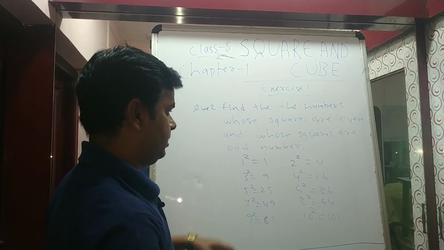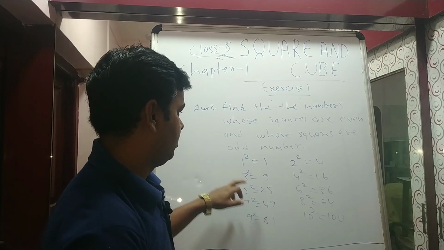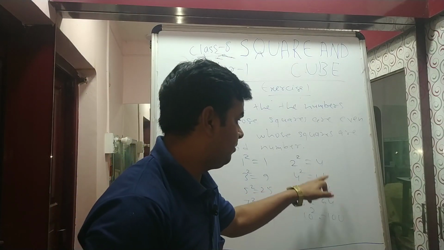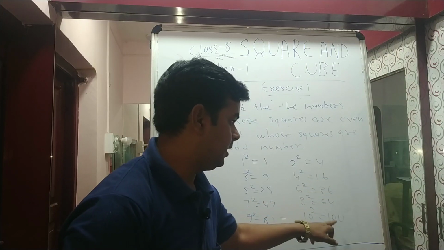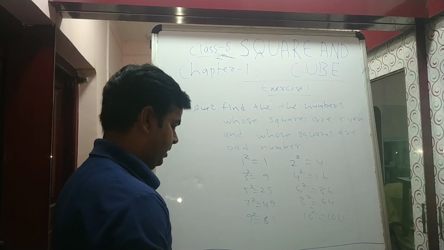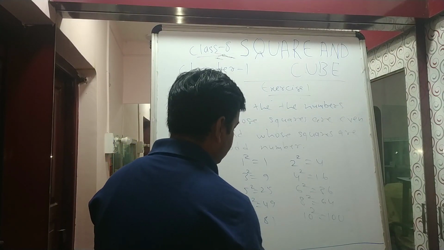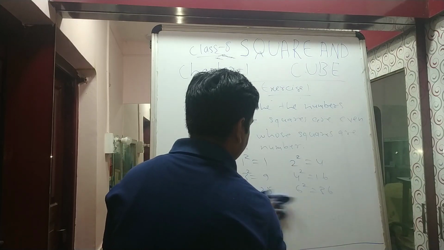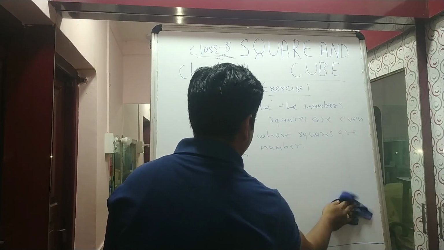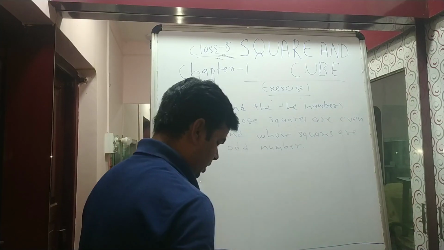So these are odd numbers, and here all odd numbers. All even numbers, right? So basically, if there is an even number in the unit place, the square will be an even number. If it is an odd number in the unit place, the square will be an odd number.